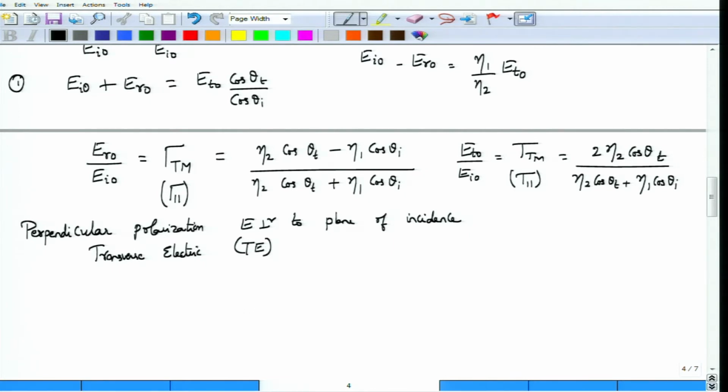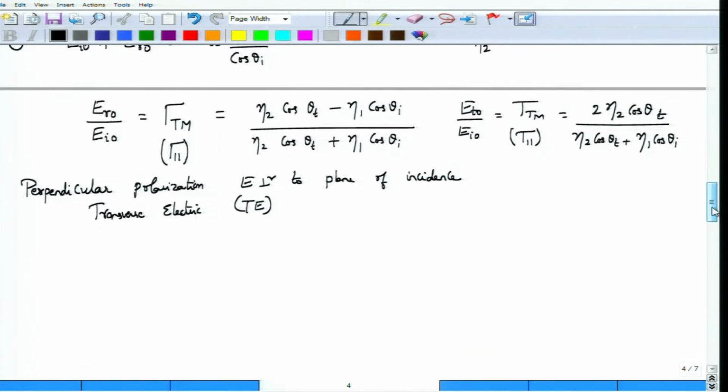You can do the same kind of expressions, okay. You can derive the expressions, apply boundary conditions, and then do some simple algebra to obtain the reflection coefficient for the TE case as well.